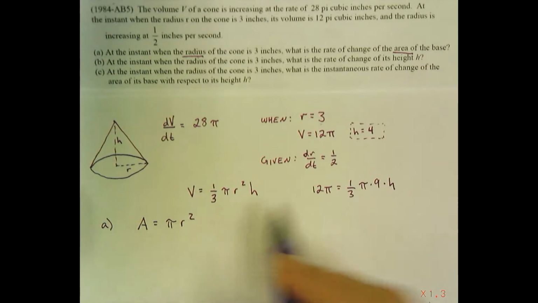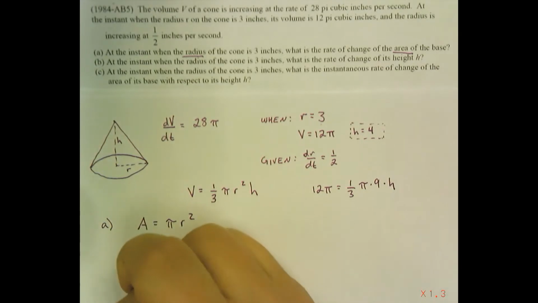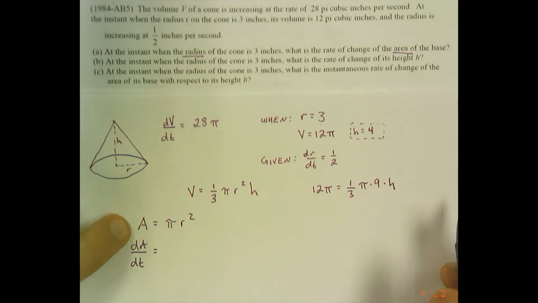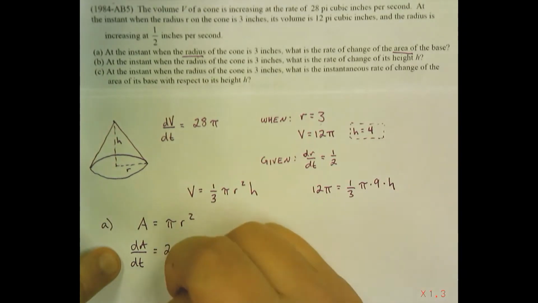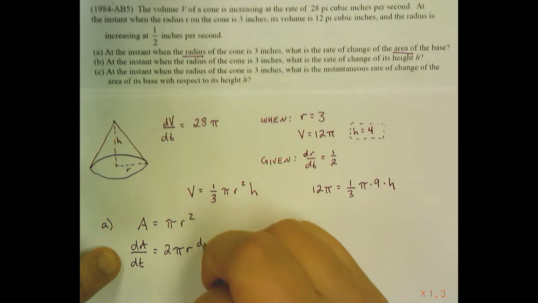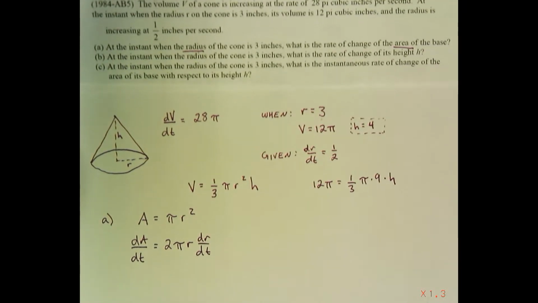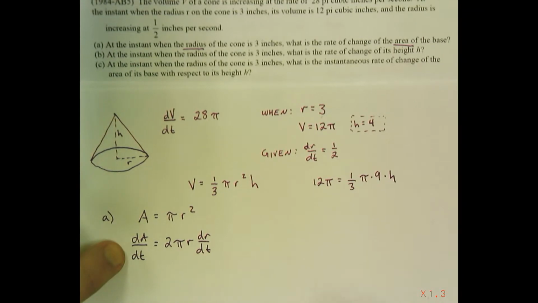And they're asking what is the rate of change of the area of the base, so what is the value of dA/dt? So we differentiate with respect to time, and we get 2 pi r dr/dt for the right-hand side, and we have all of the information we need to evaluate this.